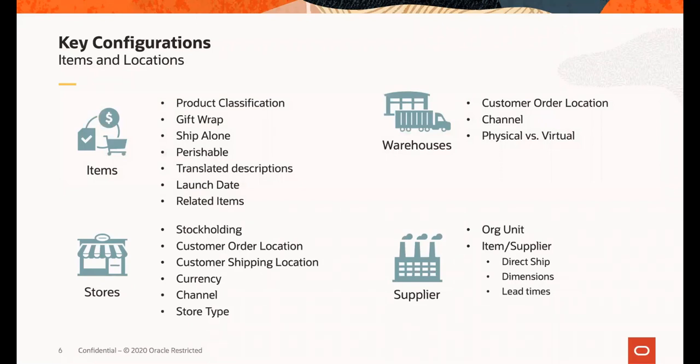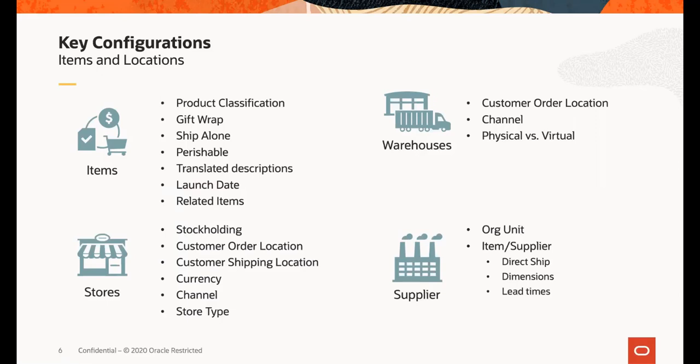So then I just wanted to cover a few configurations at the item and location, fulfillment locations. There's obviously a lot of additional attributes at each of these levels, but just wanted to call out a few things to be aware of. For items, we do have a few attributes at the item level that may be helpful, and you may want to consider integrating to order management or your order capture solution for your customer.